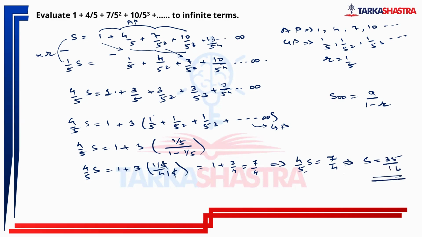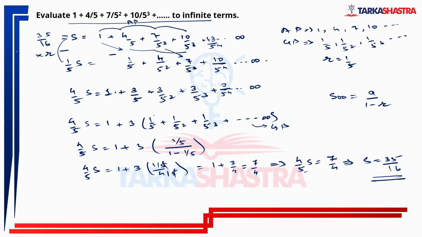So s is equal to 35 by 16. So we wanted to evaluate the sum of this AGP, which we took as s, and s is coming out to be 35 by 16. Okay?